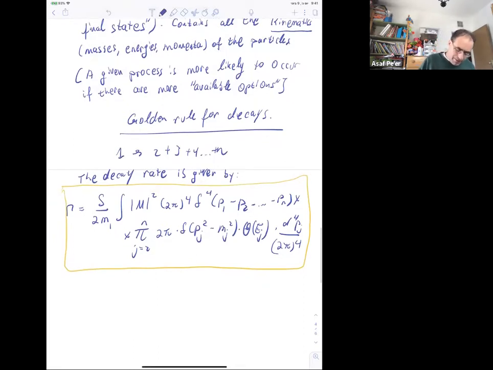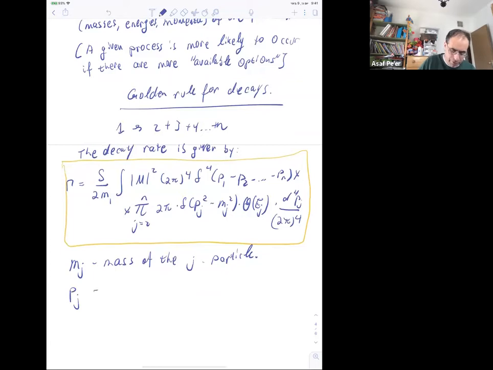Okay, so Mj, that's obvious. That's the mass of the J particle. Pj, of course, is the 4 momentum of the J particle.